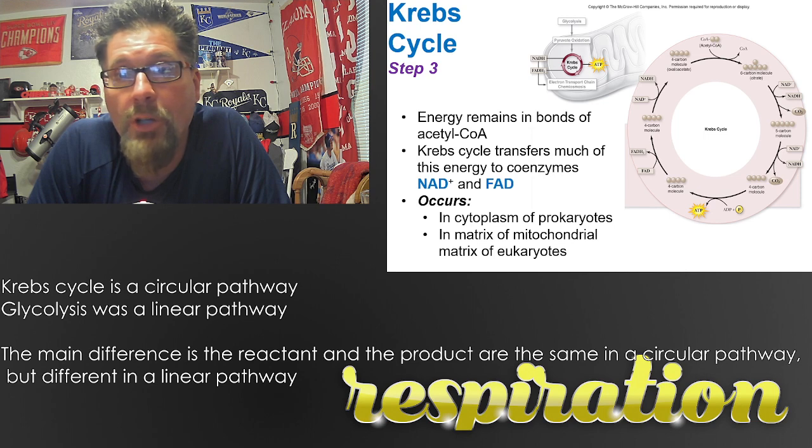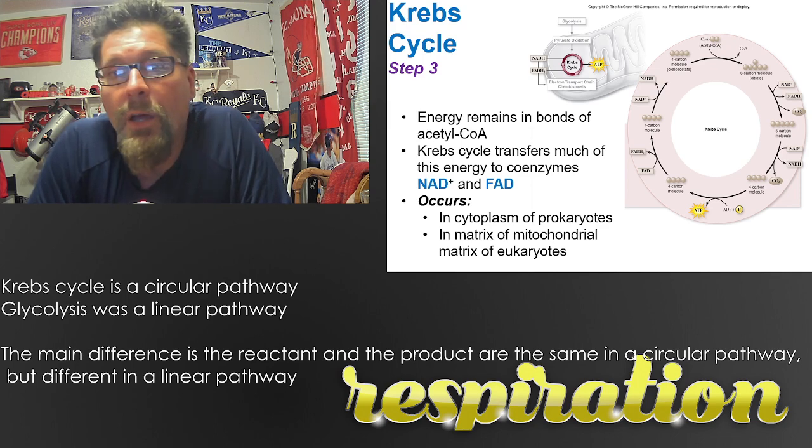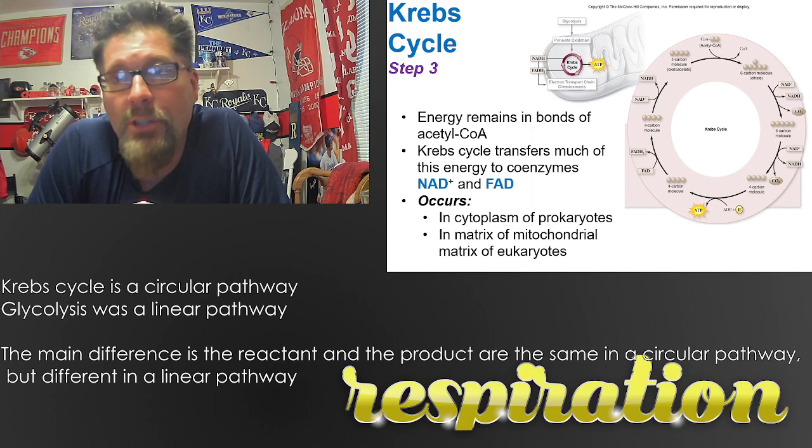What we're going to focus on, and we'll see this especially in class, is that the main difference in this case is that the reactants and the product are the same in the circular pathway, but are different in the linear pathway.